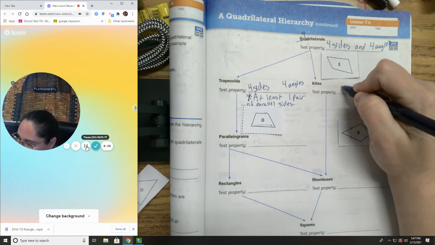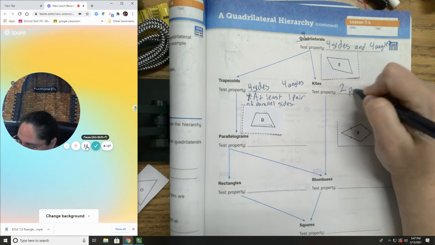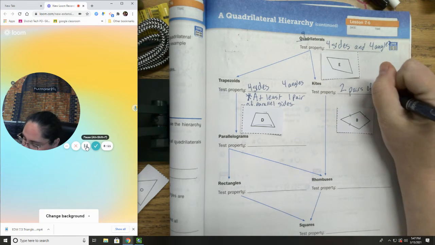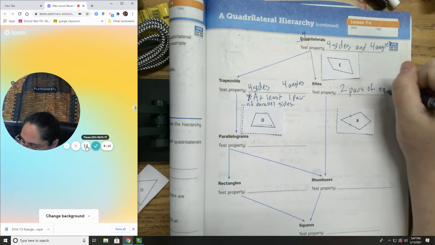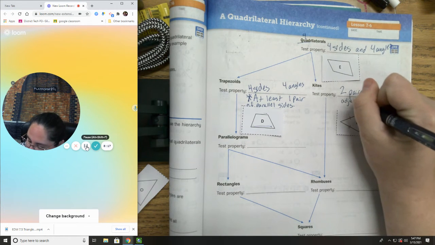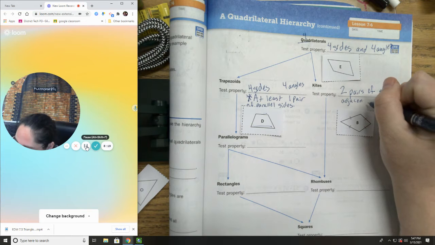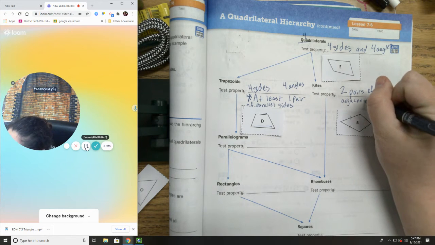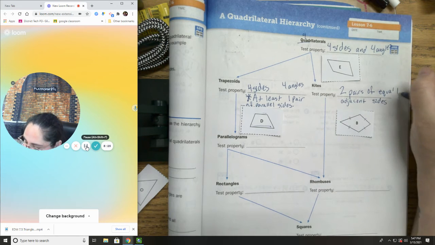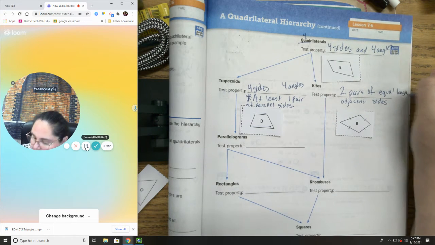It also has to have 2 pairs of equal adjacent sides, equal length.